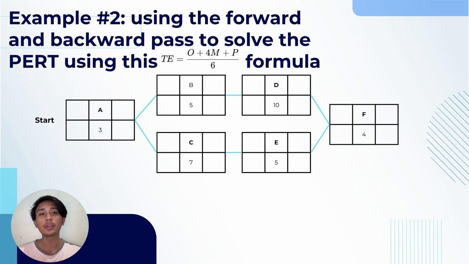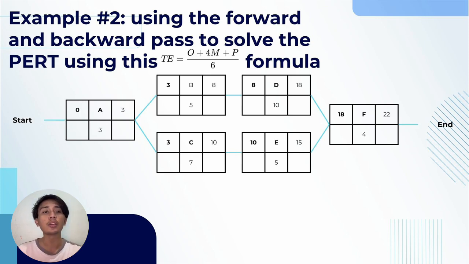As we can see here, the table consists only of the letters or the activities and the duration of their time from A to F, and then their predecessors, B and C to D and E until F. So here, the next example is how we solve the pessimistic and the optimistic time.